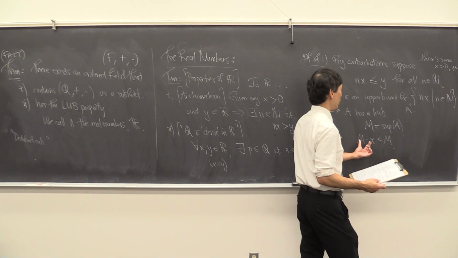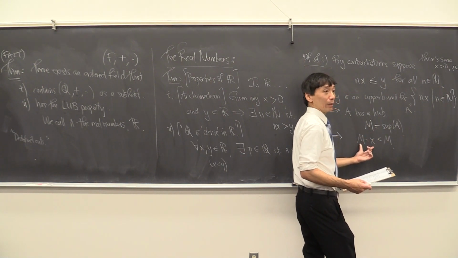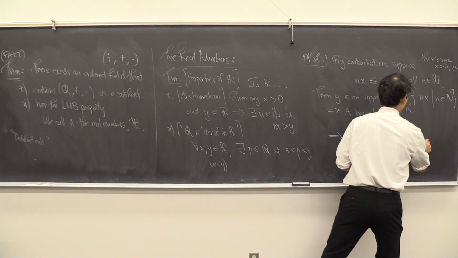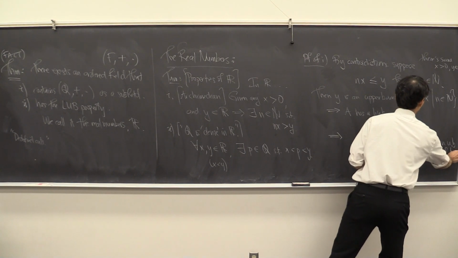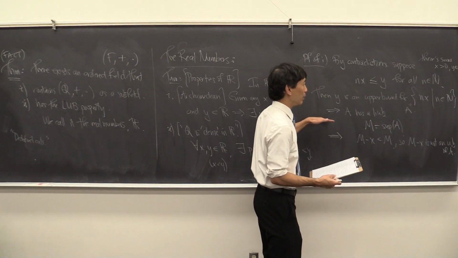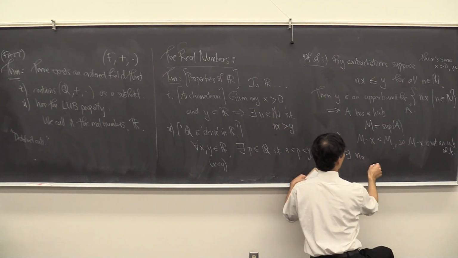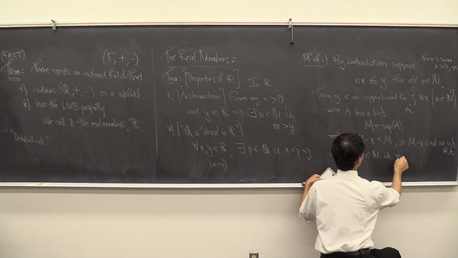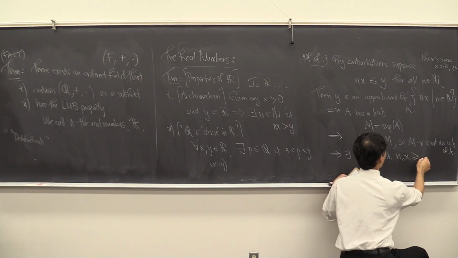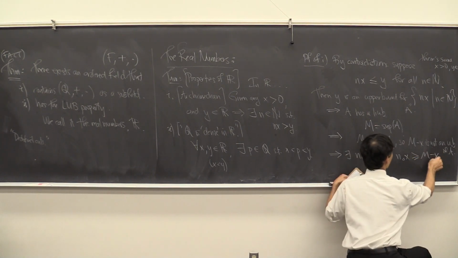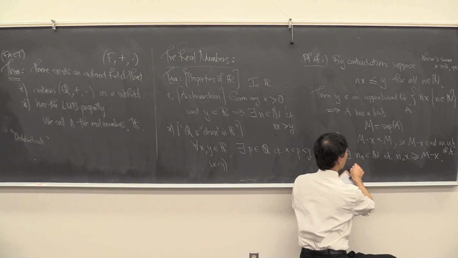M was the least upper bound, so m minus x is not an upper bound of A. Since it's not an upper bound of A, there must be some nx, so there's some n naught such that n naught x is bigger than or equal to m minus x.